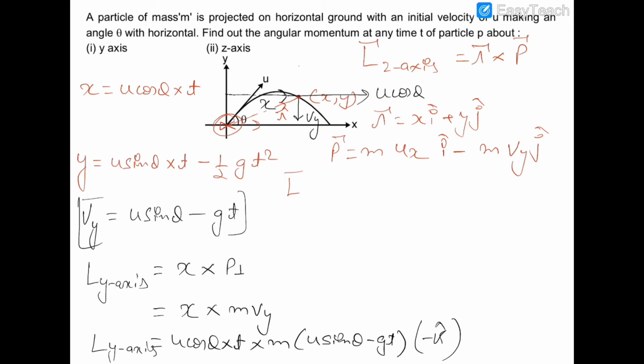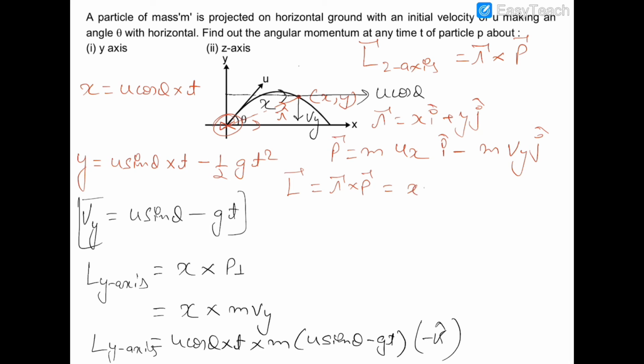So we know that L is equal to r cross p, and r cross p can be calculated by the determinant approach or by a simple method. So let us calculate by the simple method.